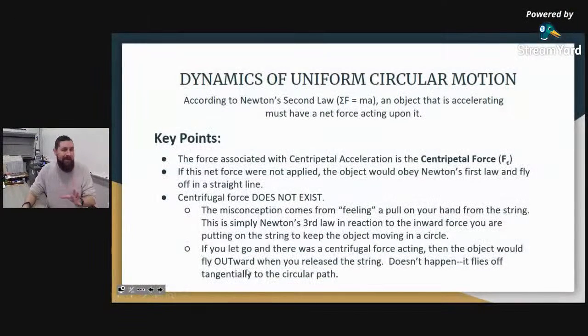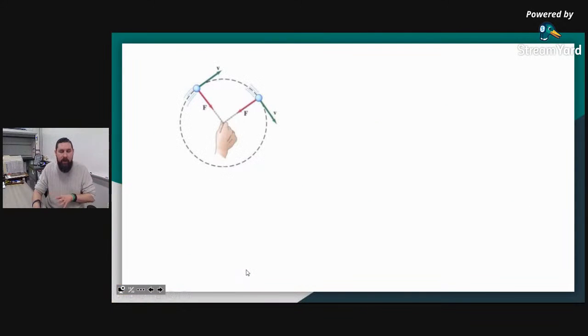Okay? So hopefully that all makes sense. But the key point is this: there's no such thing as centrifugal force. There is only centripetal force, because the only acceleration that we have within circular motion is a centripetal acceleration. Okay? So moving on to kind of summarize these key points.